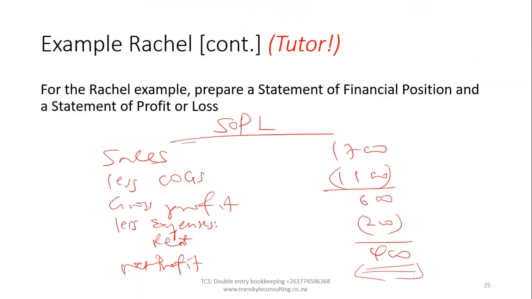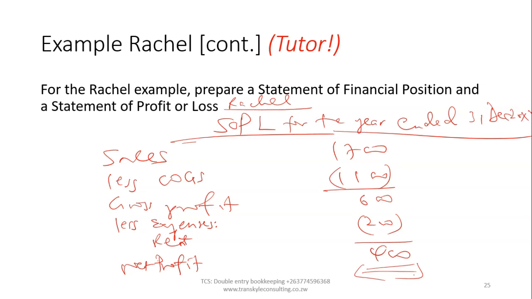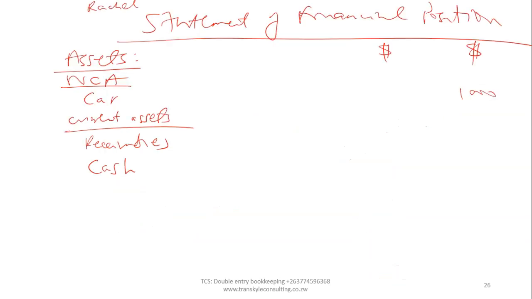For the statement of profit or loss, we should have put the name Rachel on top, and then write the statement of profit or loss for the year ended 31st December 20XX. Similarly, for the statement of financial position, it is statement of financial position as at 31st December 20XX.